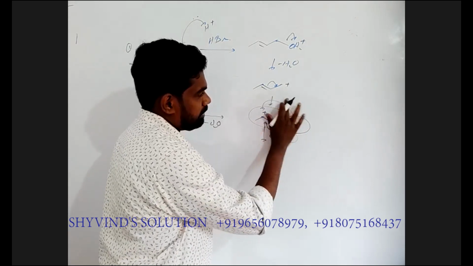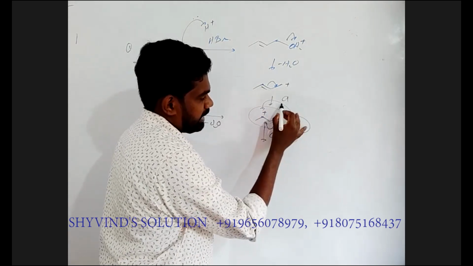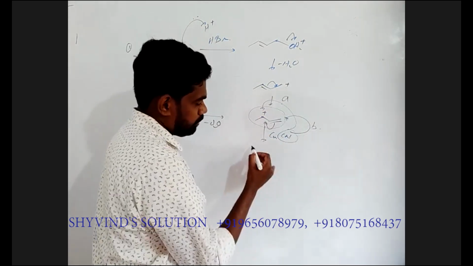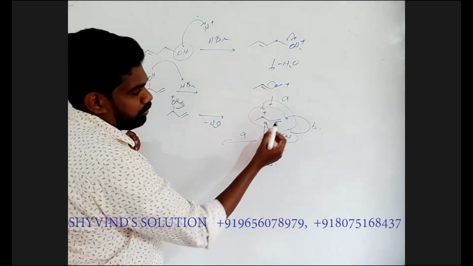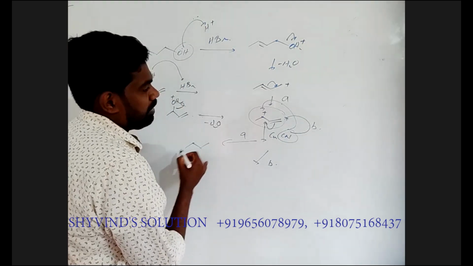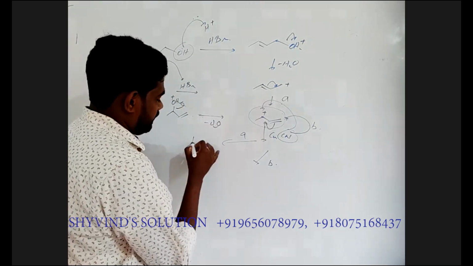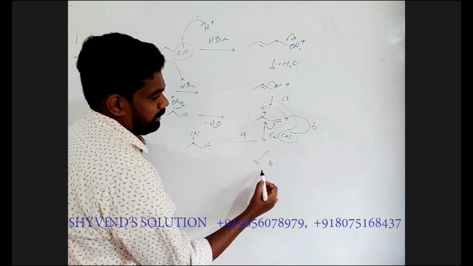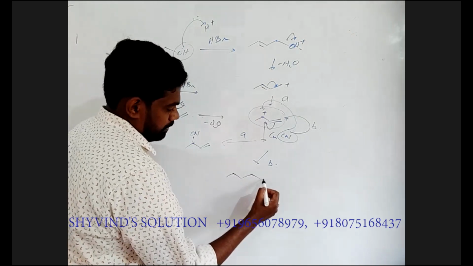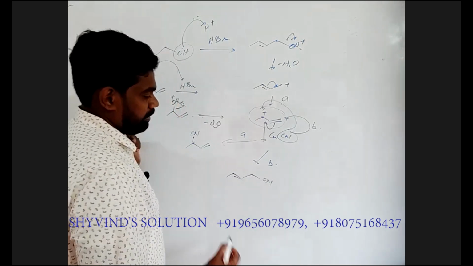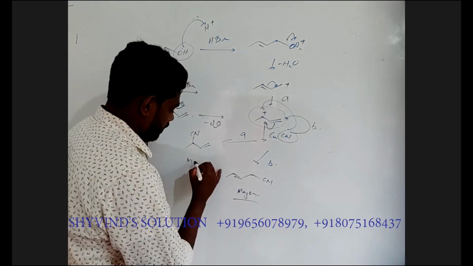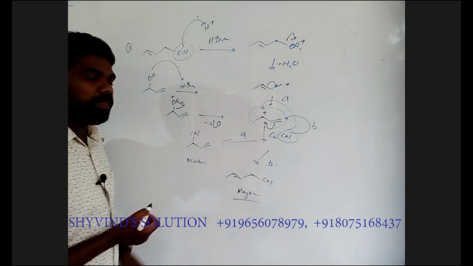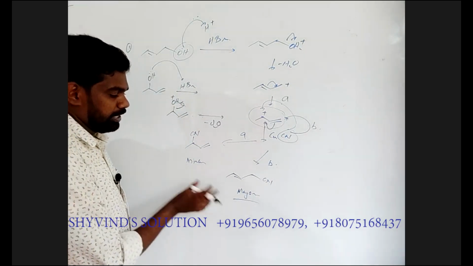One is this one, so I am representing it as A, and this is B. Okay, so let's go for two products, A and B. So what is the product of A? The product of A is like this, CN, and the product of B is like this, CN, and the double bond will be here. This will be the major product. Okay, this is the major product, this is the minor product. Now we got the major product and the minor product here.